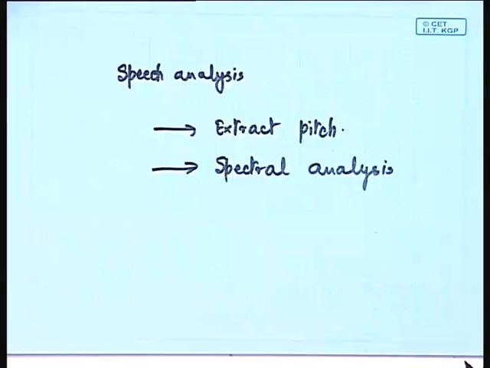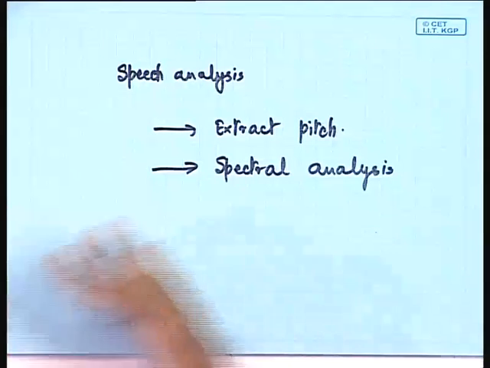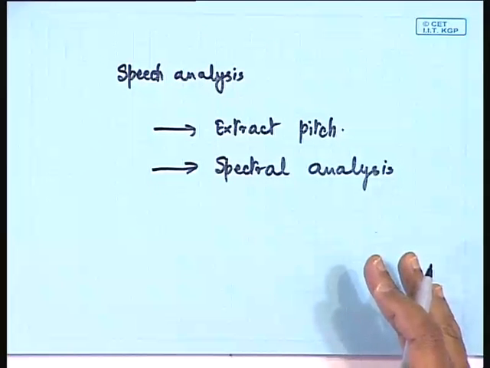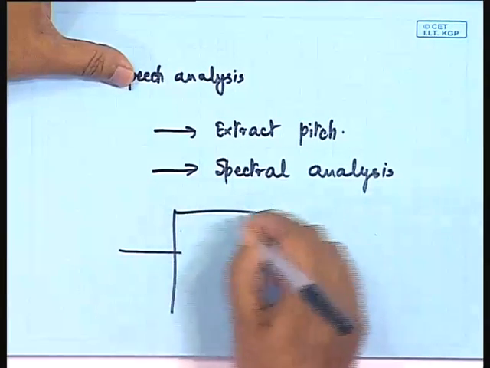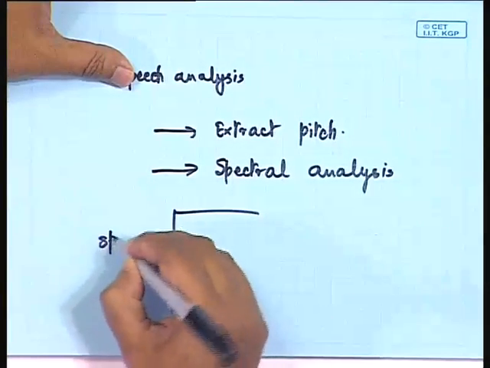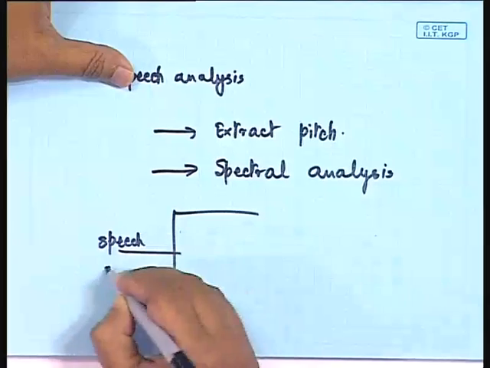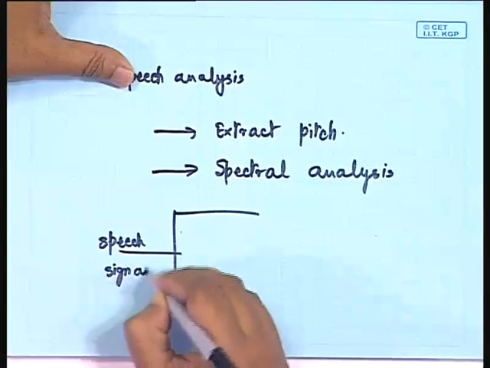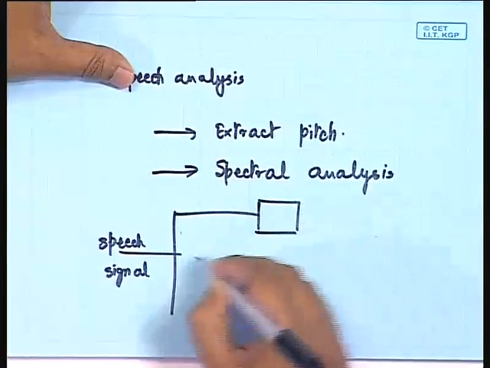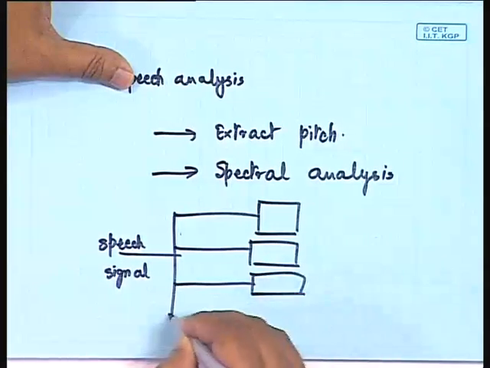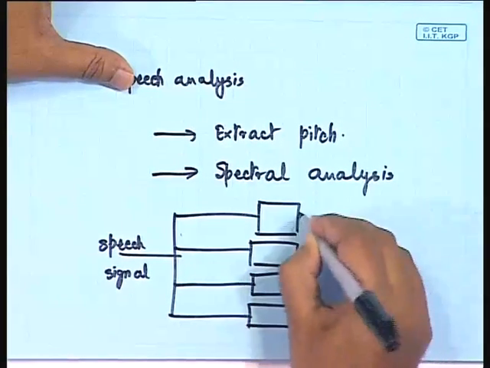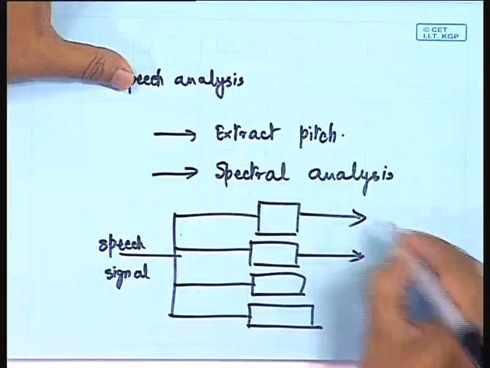Now, in spectral analysis, what we do is analyze the speech and divide it into a set of filters. So, if this is your incoming speech signal, you feed this signal to a bank of filters, where each filter is a kind of band pass filter that you can assume.